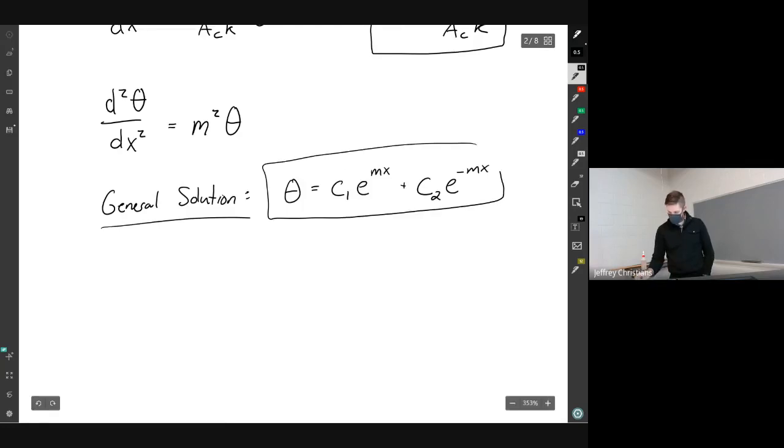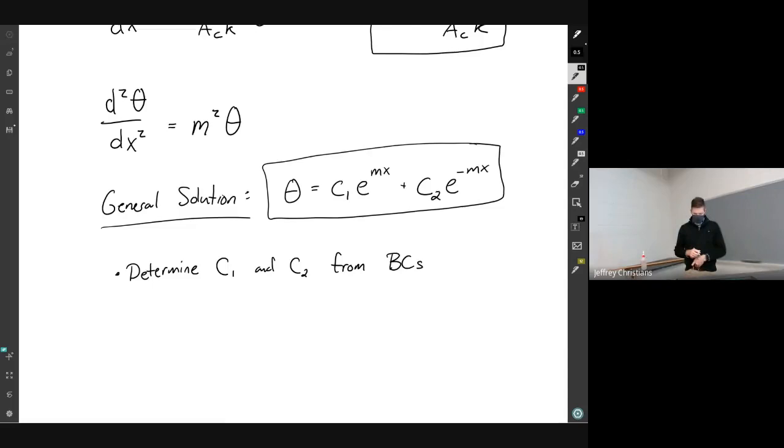Then how do we find C1 and C2? We have to find those with our boundary conditions. So our next step is to determine them from our boundary conditions. Our boundary conditions are going to have to change a little bit.